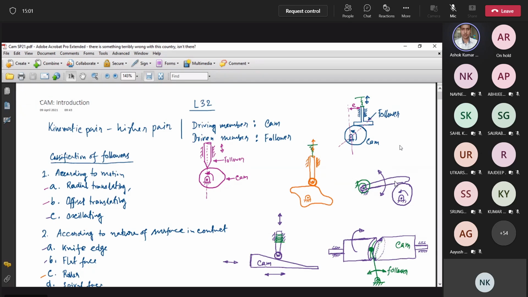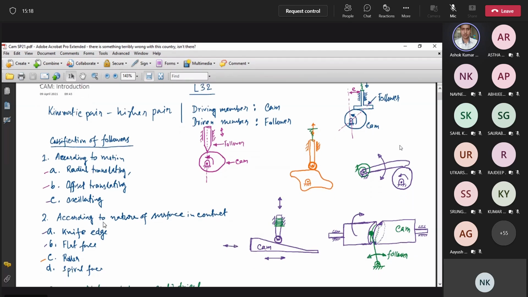This is the follower. It will have some oscillatory motion with respect to this hinge point. This kind of follower is called an oscillating follower.